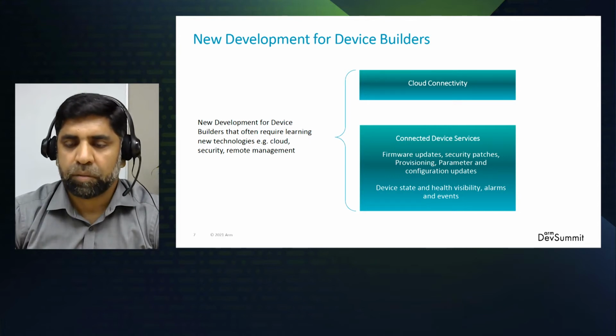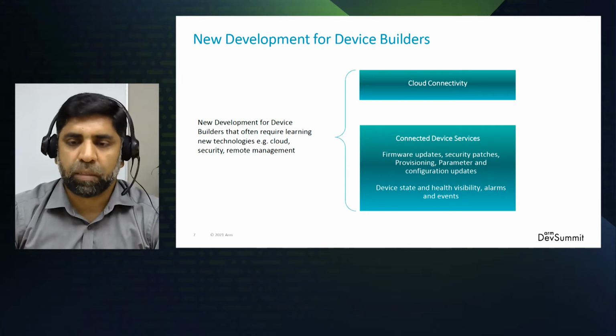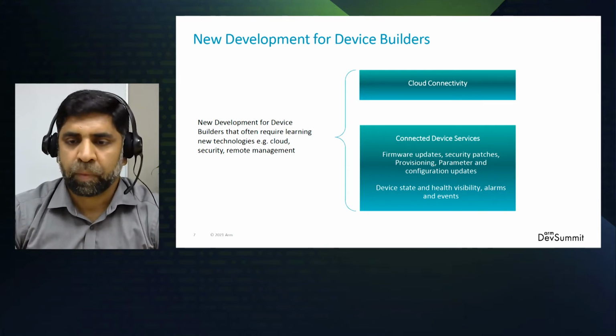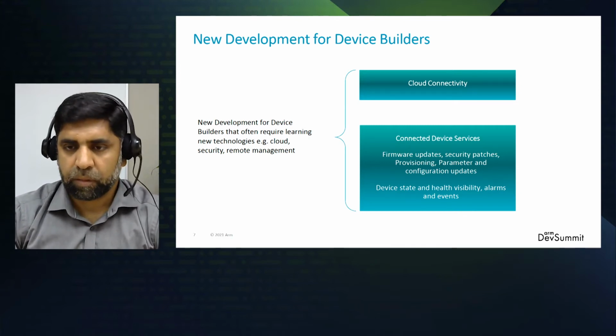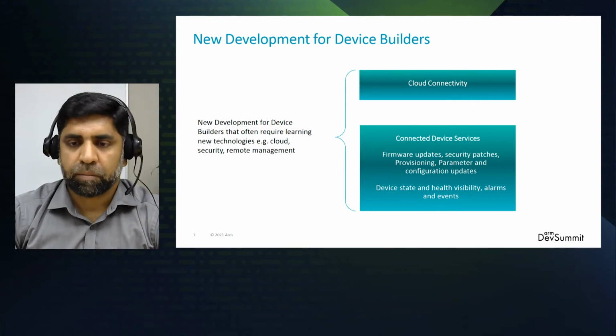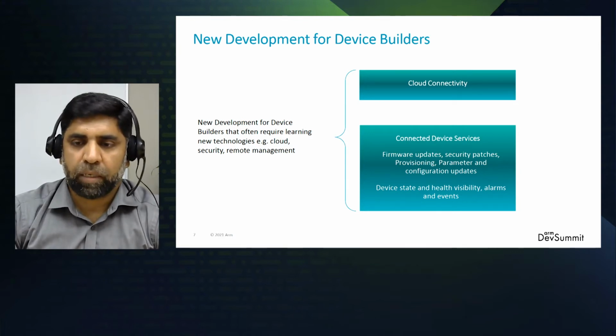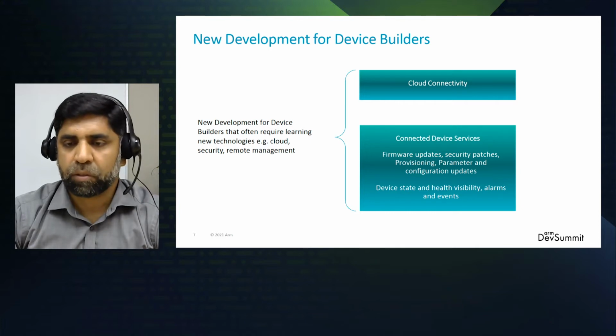But then you need to implement services like firmware updates, configuration and control mechanisms, ability to gather some data from the device, diagnostics, and be able to debug your device remotely. So all those different services need to be implemented in a way that you have secure control around your device.